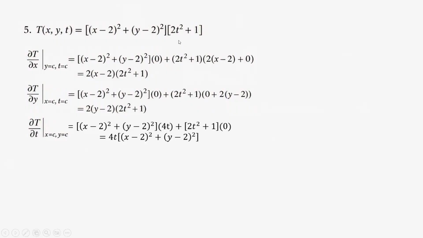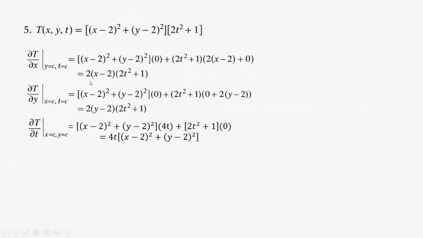So if we differentiate the whole equation, the 2t^2 + 1 will become 0 because there is no x in it. And if we differentiate the first part, the (x − 2)^2 will become 2 times (x − 2), and this part will become 0.